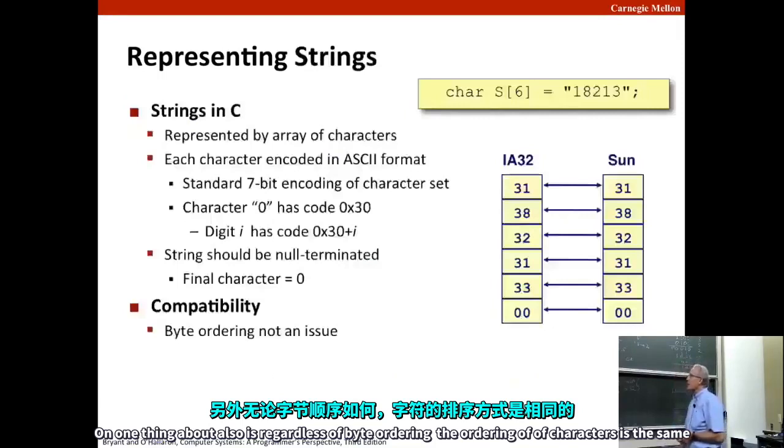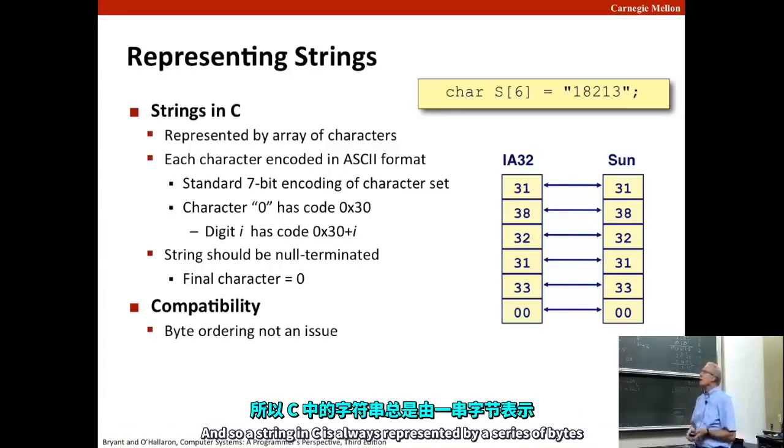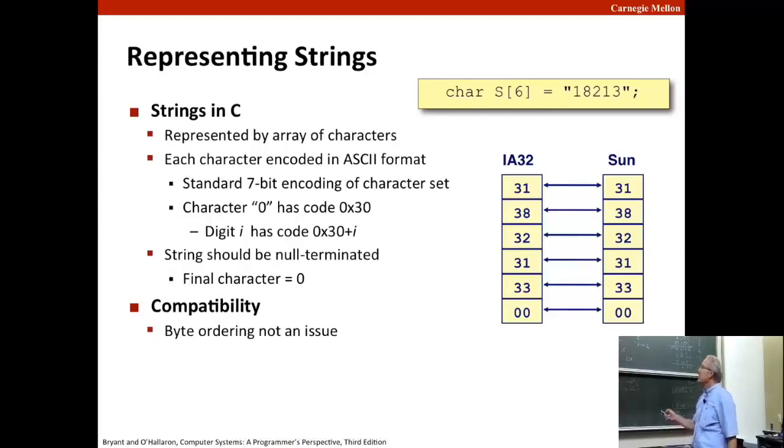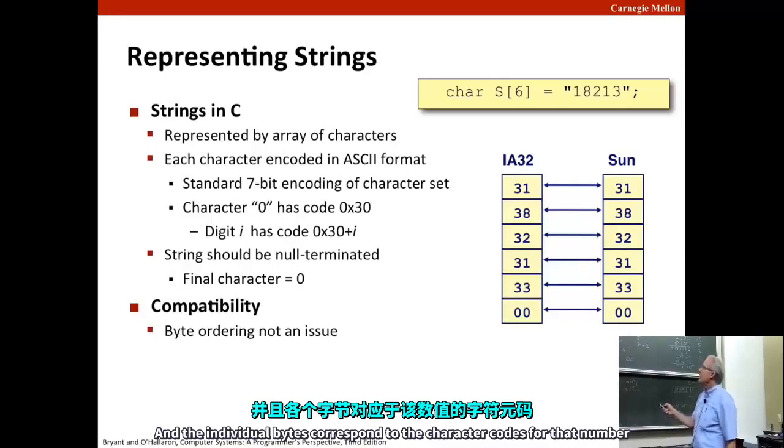One thing to note is that, regardless of byte ordering, the ordering of characters is the same. A string in C is always represented by a series of bytes where the final byte is 0, called null terminated. And the individual bytes correspond to the character codes for those characters.